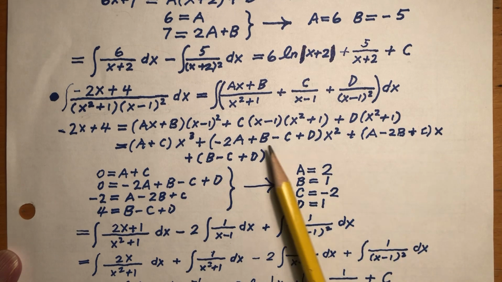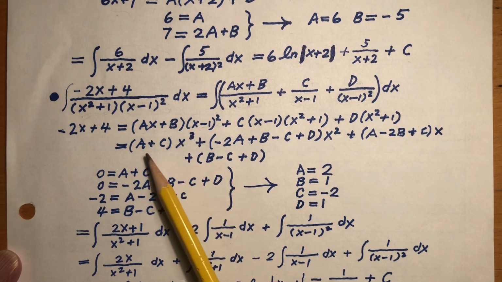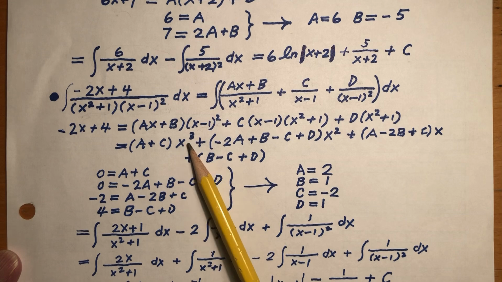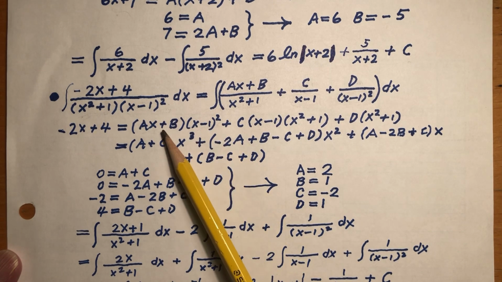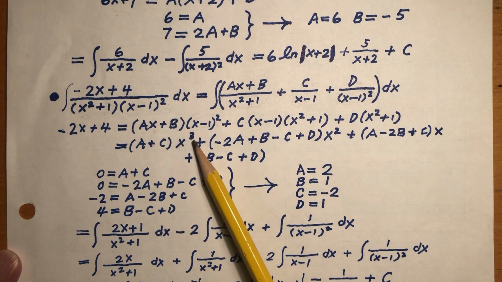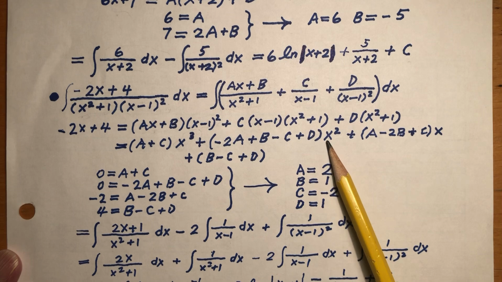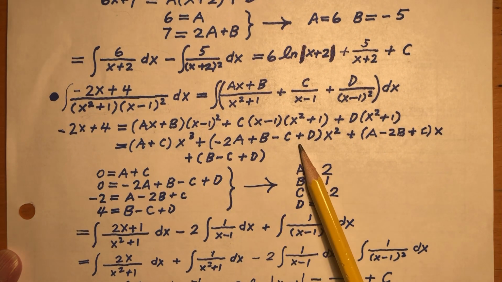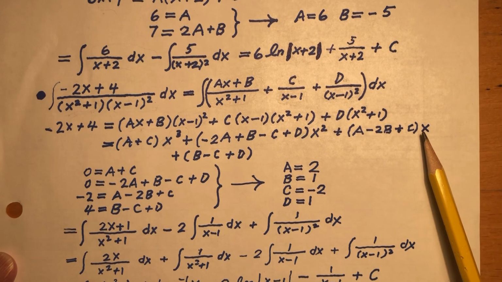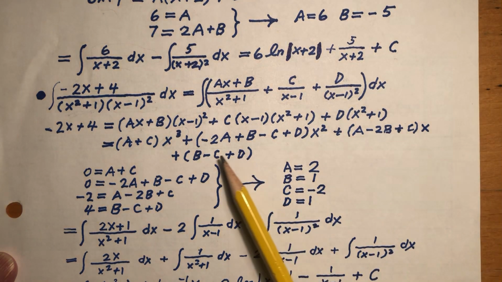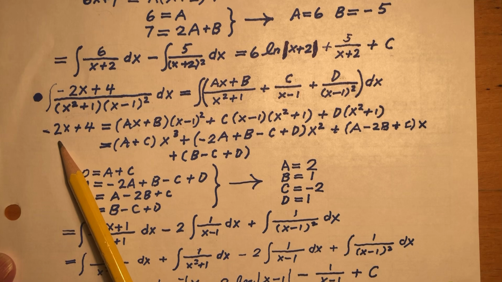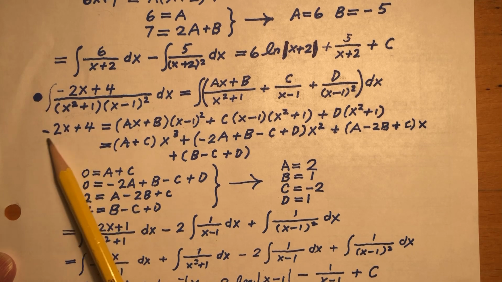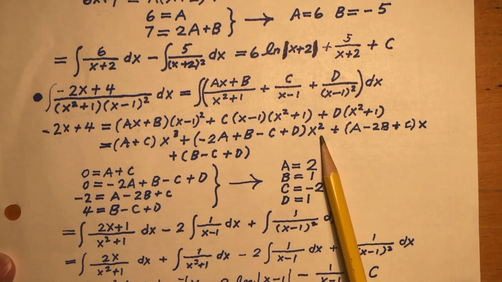Expand, collect terms. Here is x squared, and here is another x, so it's x cubed. X cubed term, x squared term, and x term, and constant. So let's compare the left side with the right hand side.